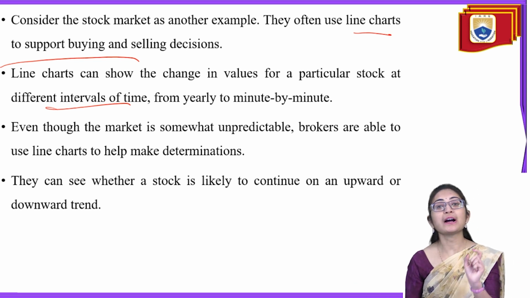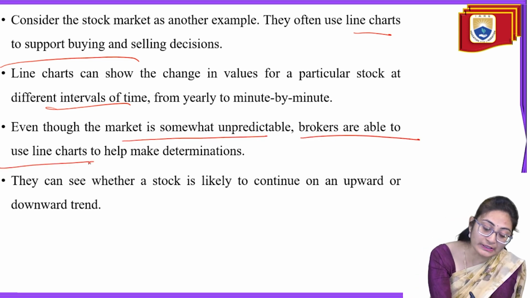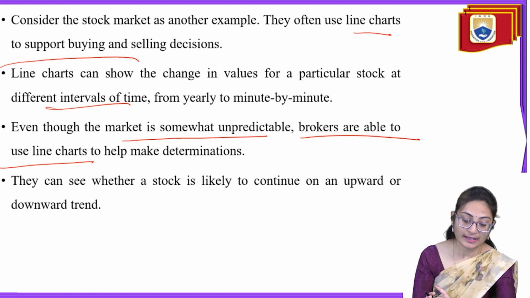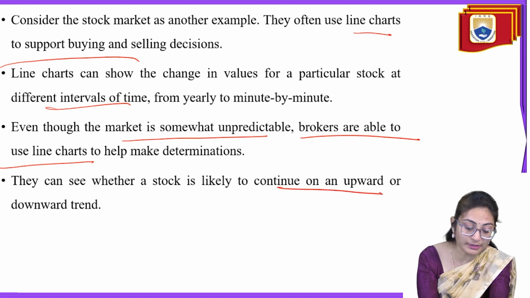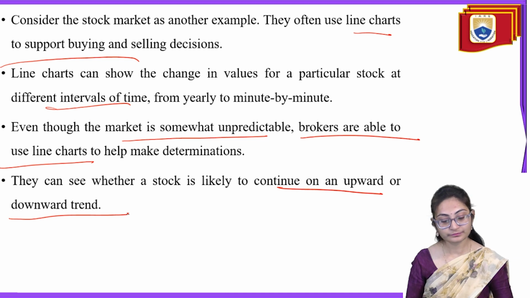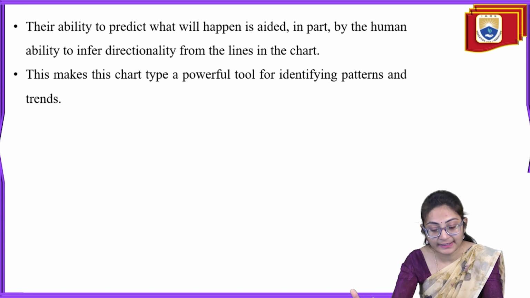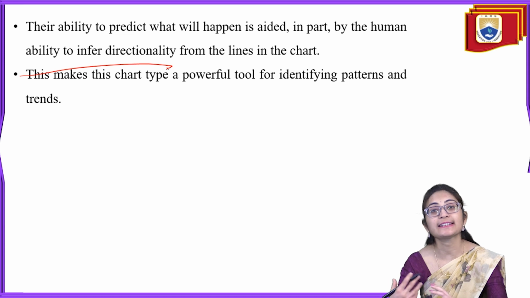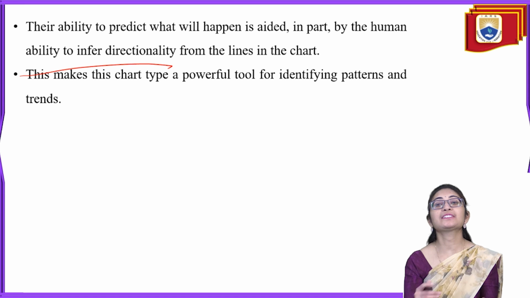Even though the market is somewhat unpredictable, brokers are able to use line charts to help make determinations, and they can see whether the stock is likely to continue on an upward or downward trend. Their ability to predict what will happen is aided in part by the human ability to infer directionality from the lines in the chart. And generally this chart type is a very powerful tool for identifying patterns and trends.